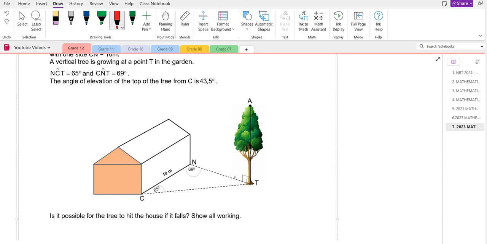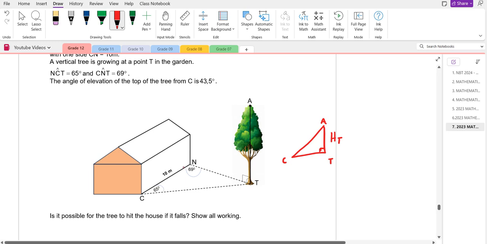This is a horizontal plane and that's the vertical plane. Remember, in the vertical plane, we have the height of the tree, and we have a 90 degree to the horizontal, and this is C, this is T, and that's A. So AT will be the height of the tree.